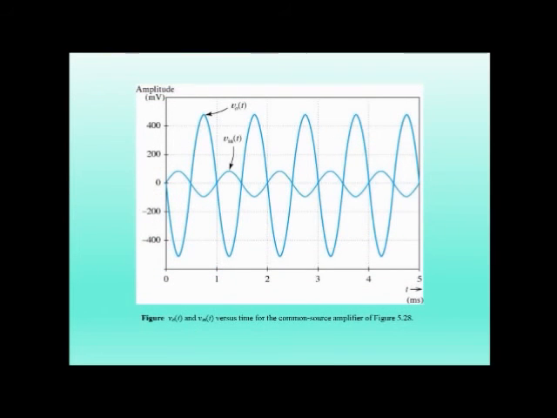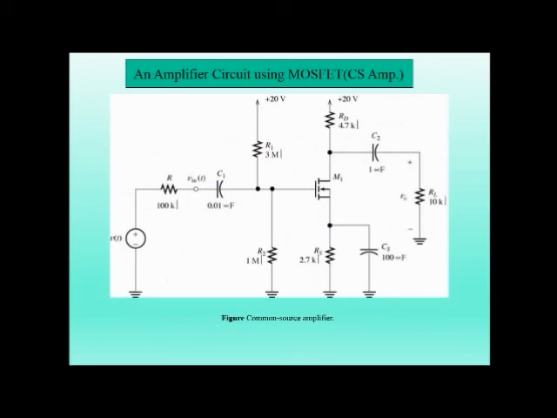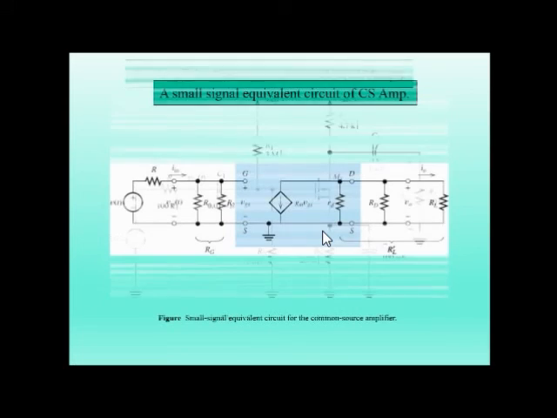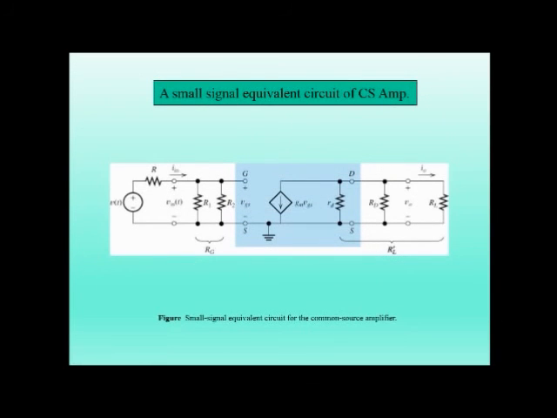So there are many applications of this amplifier circuit using MOSFET. This is a circuit diagram of a common source amplifier using the MOSFET, like we have used in JFET also. In this case also we need to draw the small signal equivalent. We have to follow the same procedure as we have followed in the JFET part.